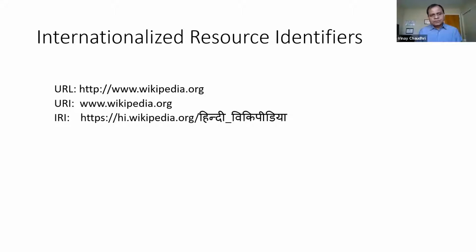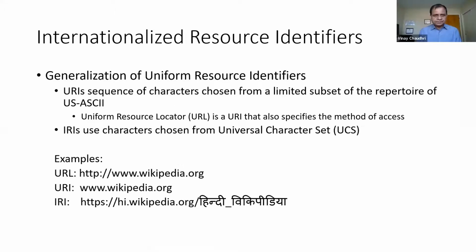And the main difference between an IRI and URI is in the use of the character set. In URI, the character set is limited to the US ASCII character set, but in IRI, we can use the full universal character set, which can also include foreign language characters. So in the third example that you're seeing here, you see some foreign language characters, and this is natural because we are going to be using it on the internet, so we have to be able to make use of foreign language characters.